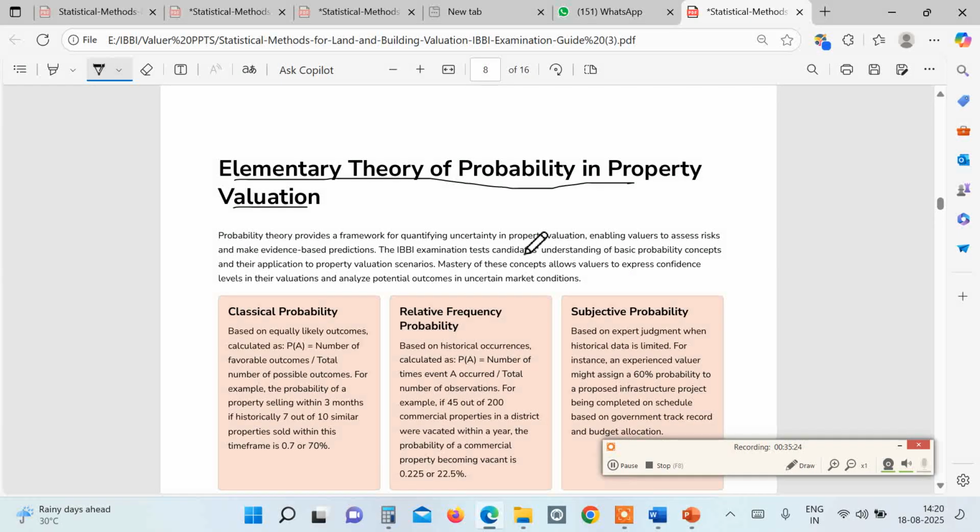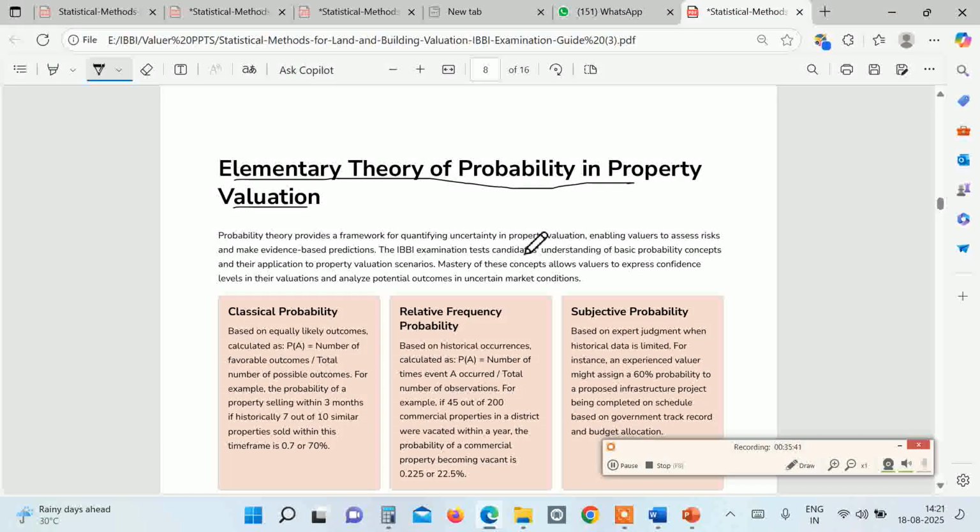The IBBI examination may test candidates' understanding of the basic probability concepts and their application to property valuation scenarios. Mastery of these concepts allows valuers to express confidence levels in their valuations and analyze potential outcomes in uncertain market conditions.